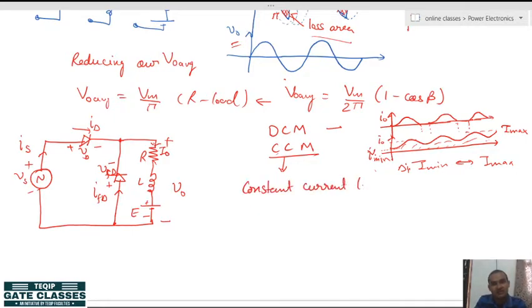Whatever this CCM mode I have drawn here, the load current can be approximated to some constant value of capital I naught.